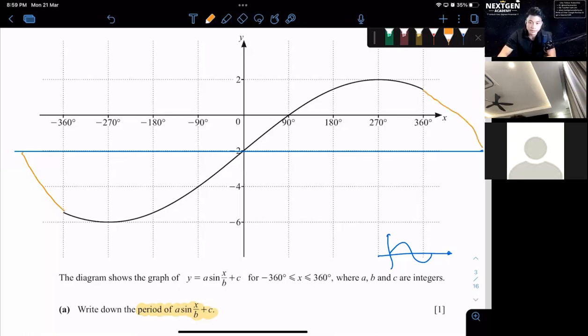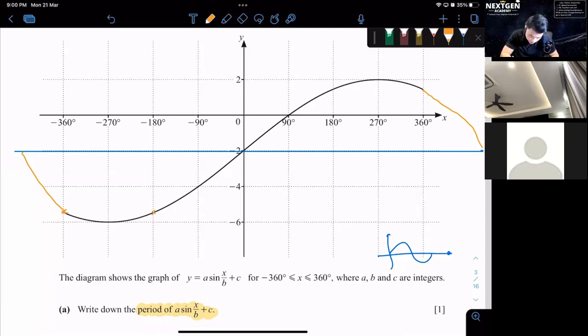This will be my complete one sine graph. But the question is how much to increase? The original graph from negative 360 to 360 is already 720 degrees. You see here and here is actually the same.